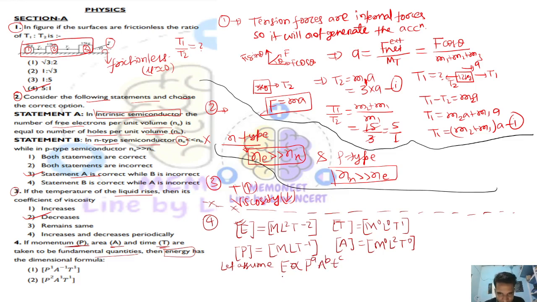Let's start. When we remove the proportionality, it becomes k times P to the power a, A to the power b, T to the power c. Now moving ahead, we know the dimension of E, that is M L square T to the power minus 2, and we know the dimensions of all these quantities. The constant's dimension is M to the power 0, L to the power 0, T to the power 0.